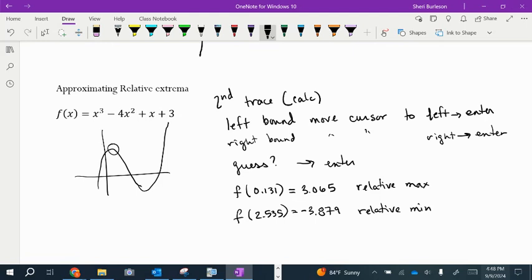You can abbreviate that to relative max or relative min. You could actually abbreviate it to REL period MAX, but do not shorten it any more than that. So I can use my calculator to approximate the relative max and the relative min on my graph.